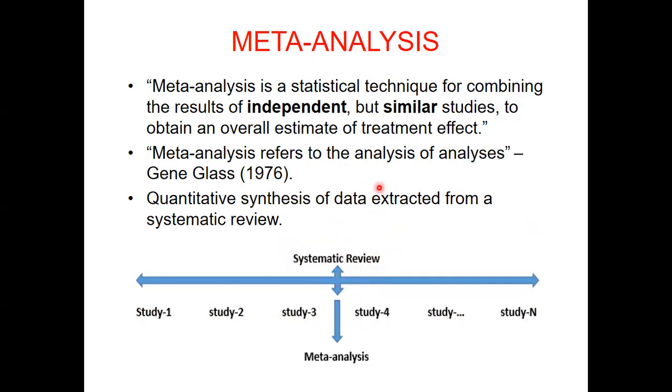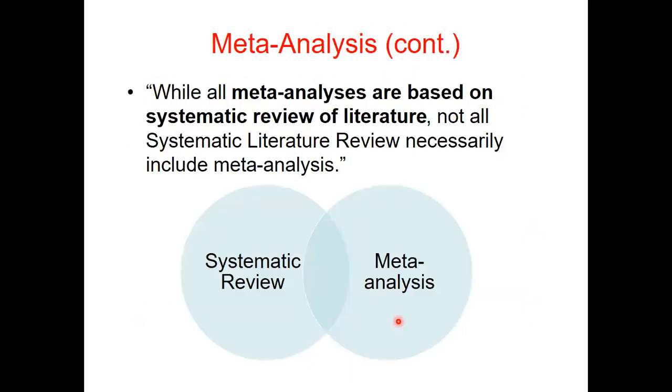That's why you have to understand the systematic literature review first, and then move forward to what we call meta-analysis, okay? So comparatively, you could say, while all meta-analyses are based on systematic literature review, not all systematic literature reviews necessarily include meta-analysis. Why?